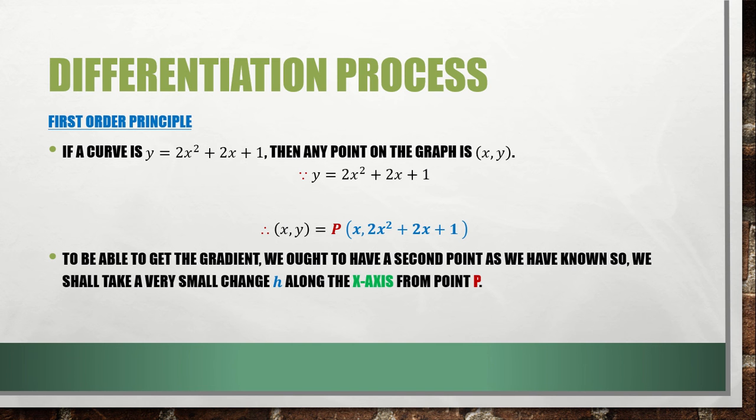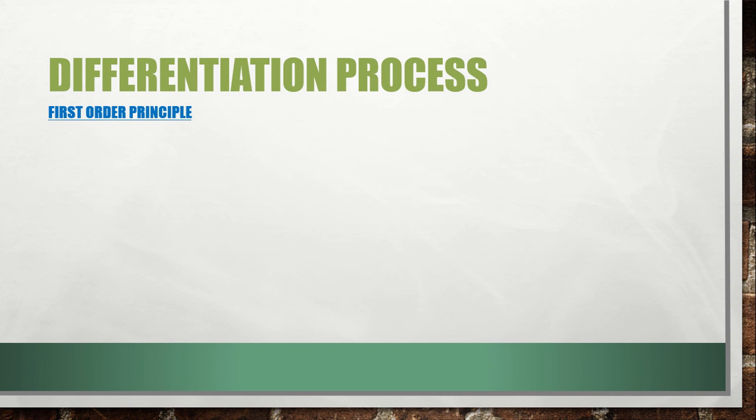So we shall take a very small change h along the x-axis from point P. That means point Q, which is our second point, shall be x plus h, and then each of the corresponding x's shall also have a small change in x. I believe it makes sense. If I'm taking a small change h in the x points, so each of the x coordinates shall get a small change of h. So far so good, I believe so.